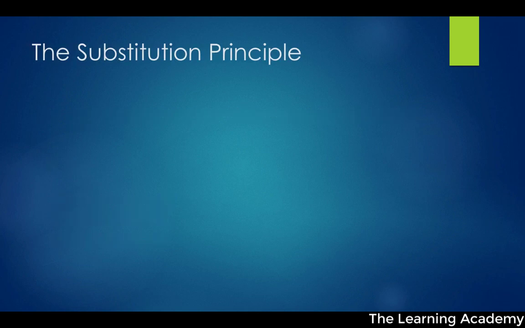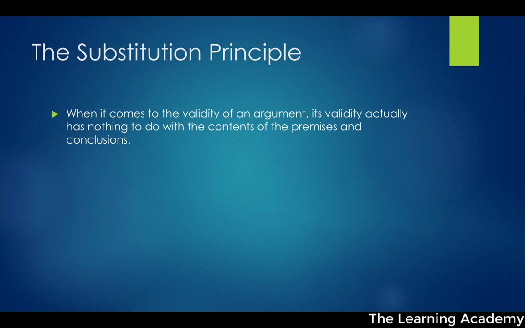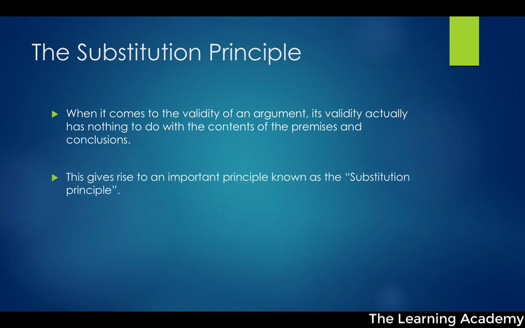So this brings us on to what we call the substitution principle. When it comes to an argument being valid, its validity actually has nothing to do with the content of the premises and the conclusion, what the actual premises and conclusions are even about. All that validity really refers to is whether or not, given the set of premises that we have, these premises entail some kind of conclusion.